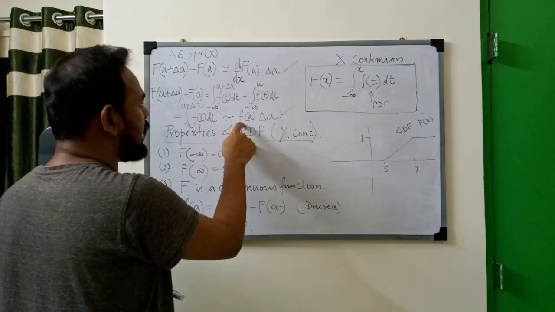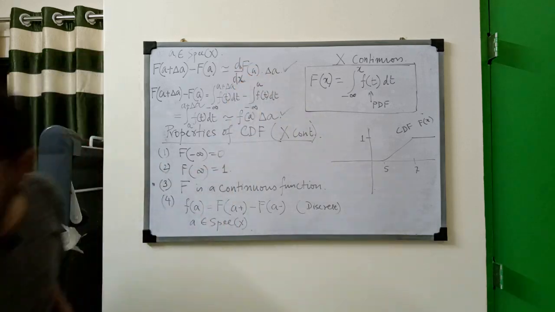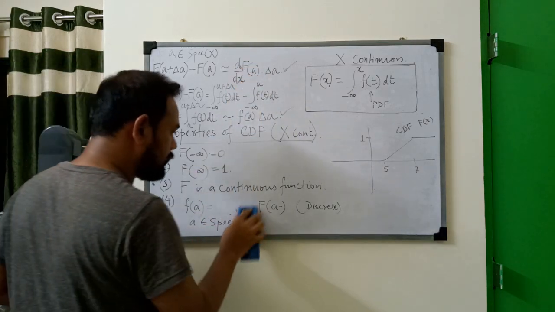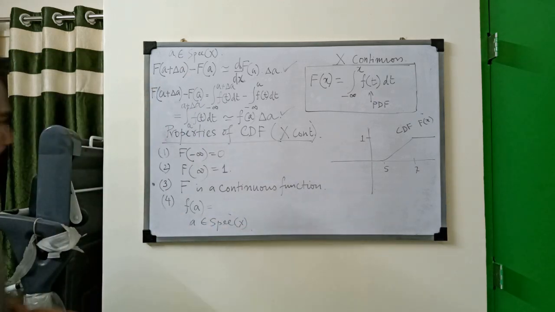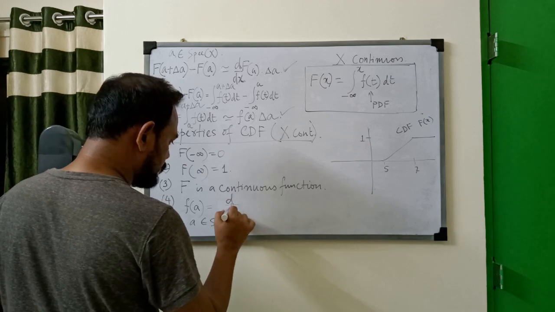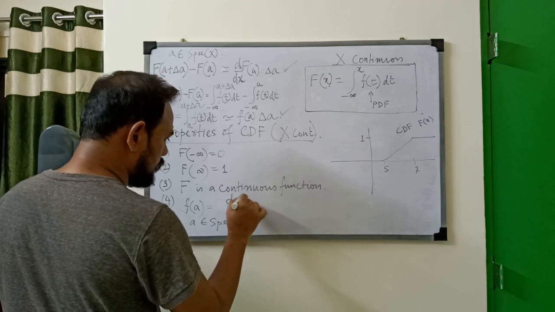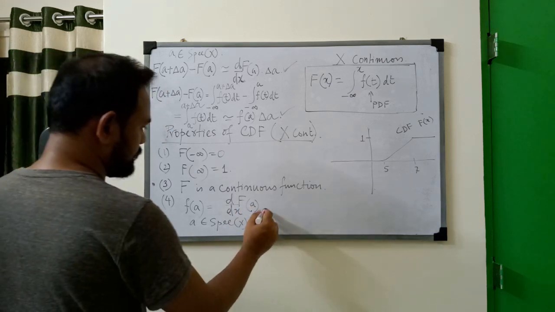So what you're left with is that f(a) will be d/dx of capital F at a. So it's not this anymore. It does have an expression. It's the derivative of capital F at the point a.